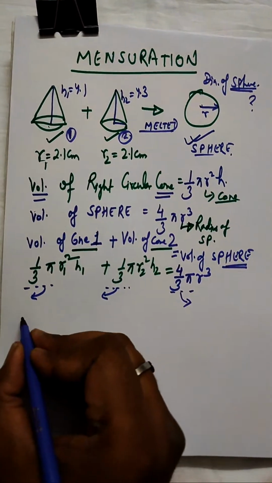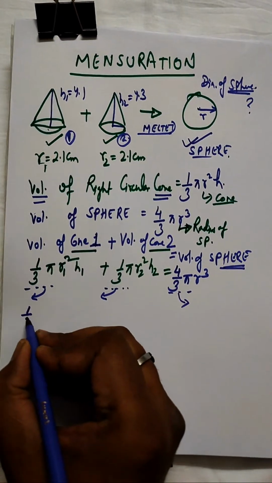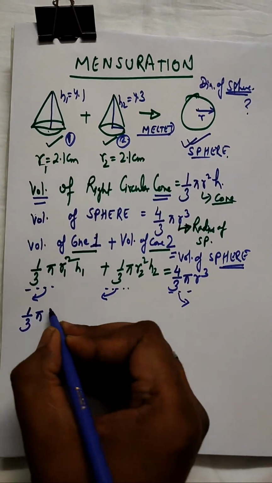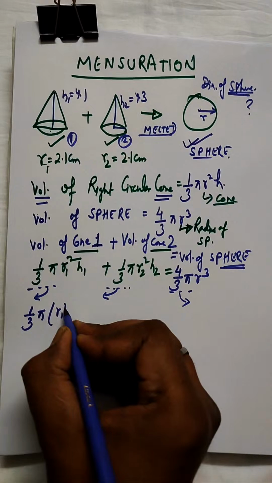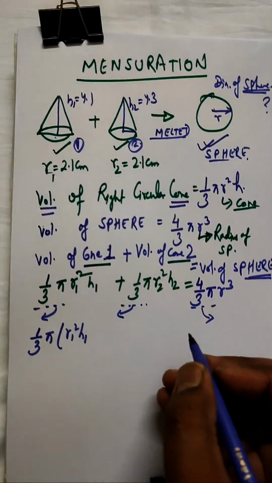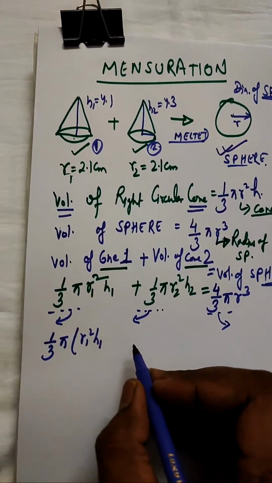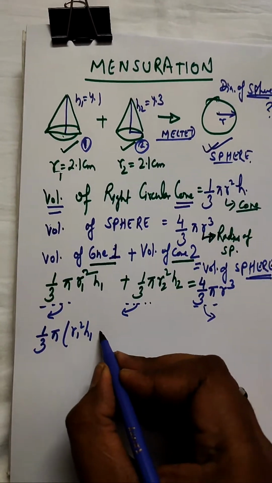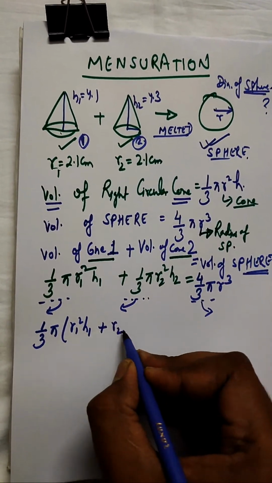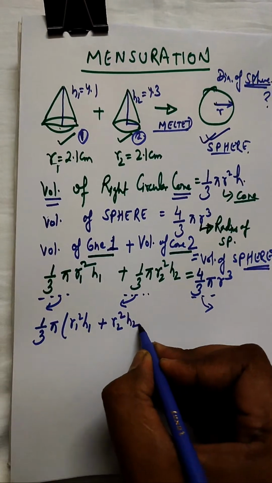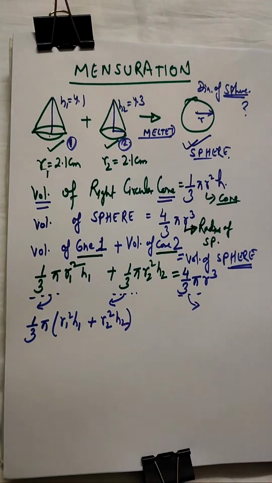So we can write it as 1 by 3 pi into r1 square h1 plus r2 square h2, isn't it?